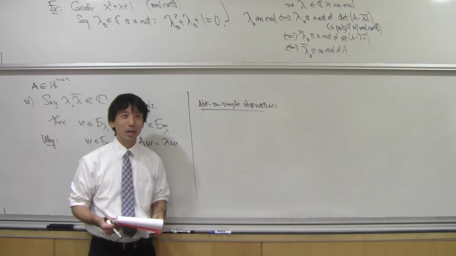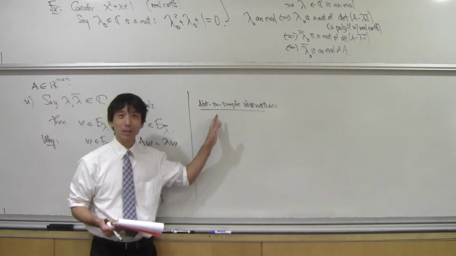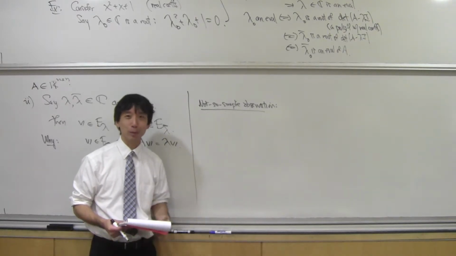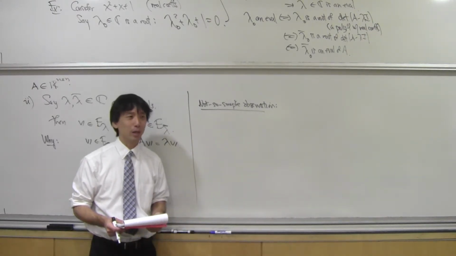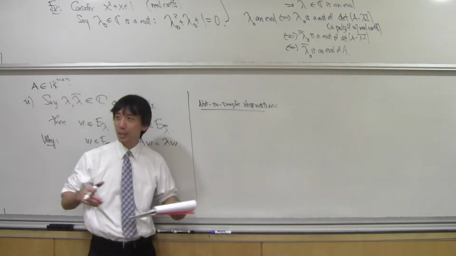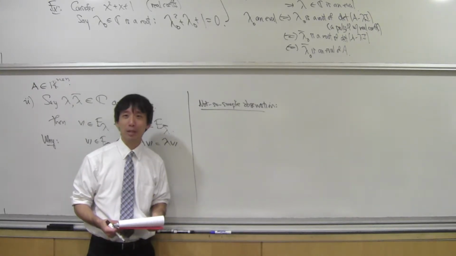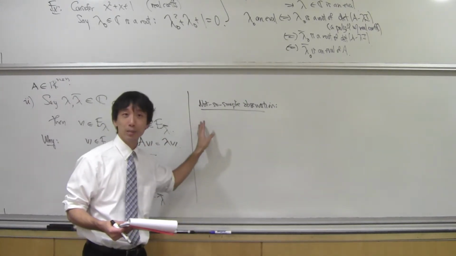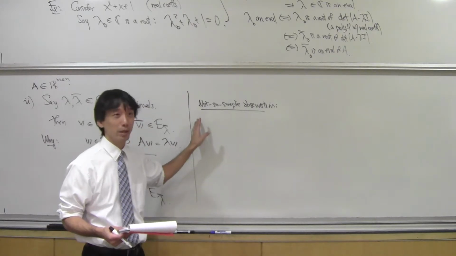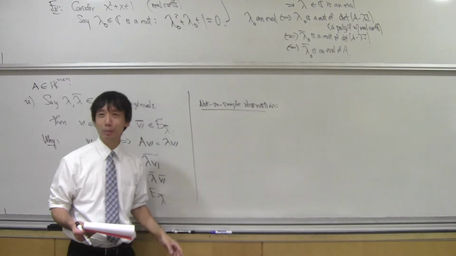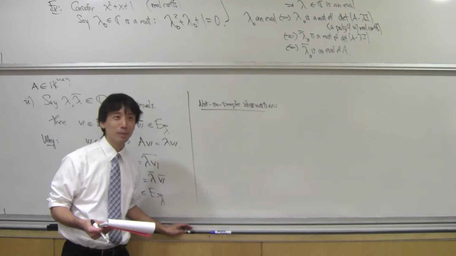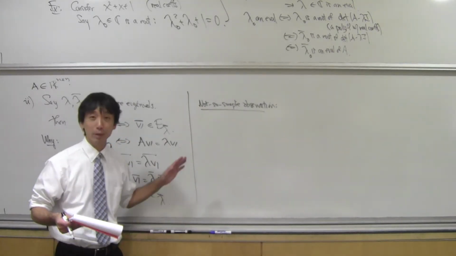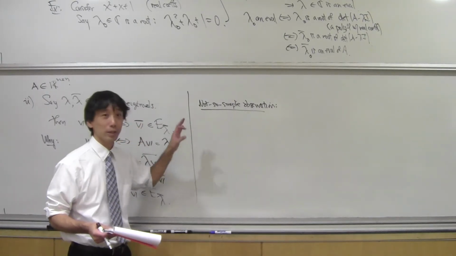I've proven it in previous years, and we spent the whole class on this one proof, but it doesn't really help people that much. So I'm going to skip it this year. I'm going to tell you what it is, but not prove it. If you're interested, I can show you a link to what I did in previous years. But I don't think it's worth the time; we can use our time better getting on to the next section.